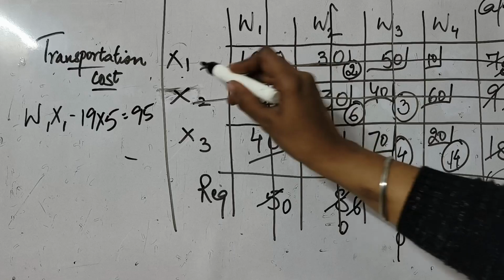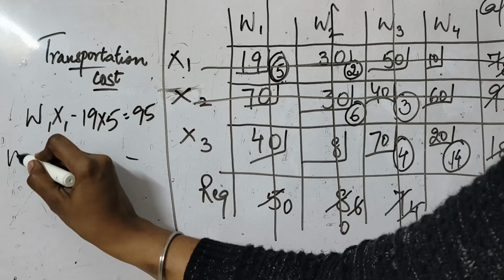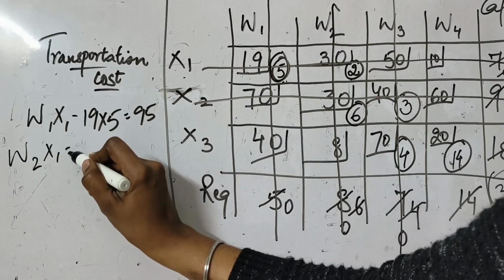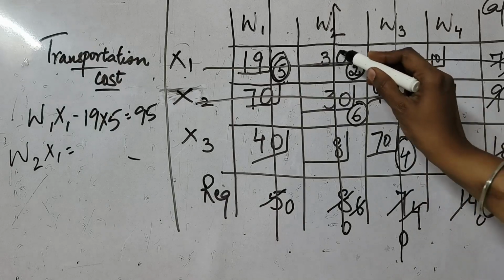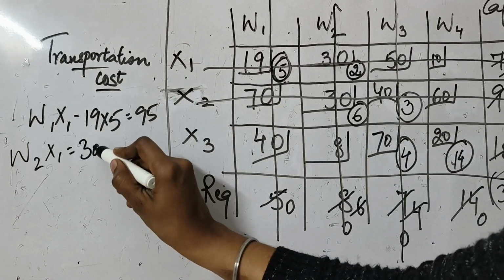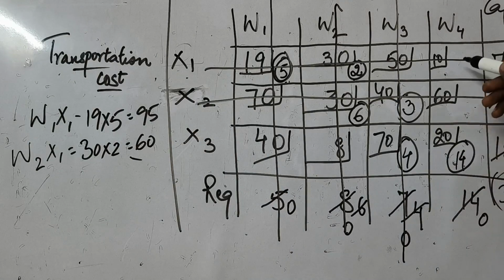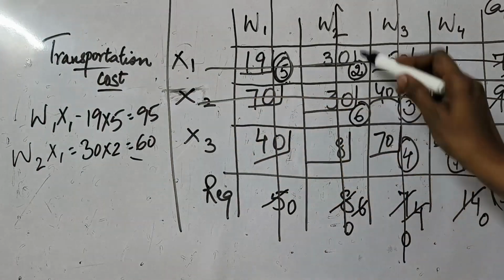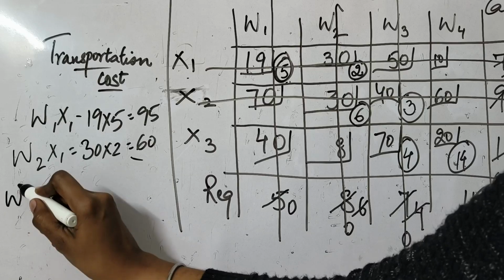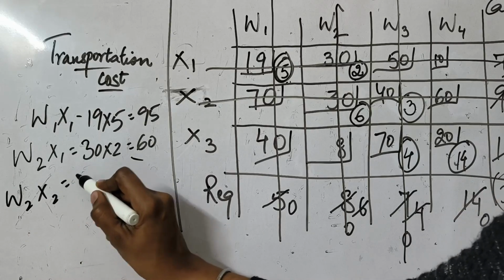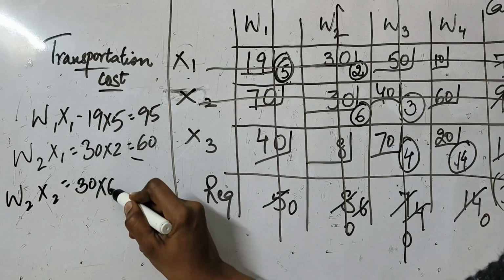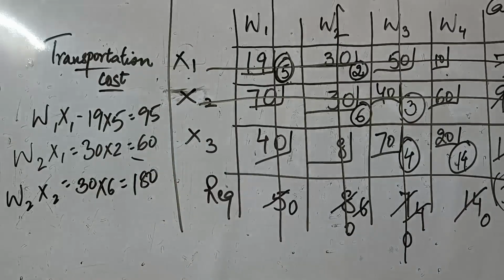Second rim has been assigned X1, W2. So W2, X1. And what is the cost of this? 30 into 2. So we will write like that, 30 into 2, that is 60 rupees cost. Then the third I can see in X2, W2, X2, 30 into 6, that will be rupees 180.